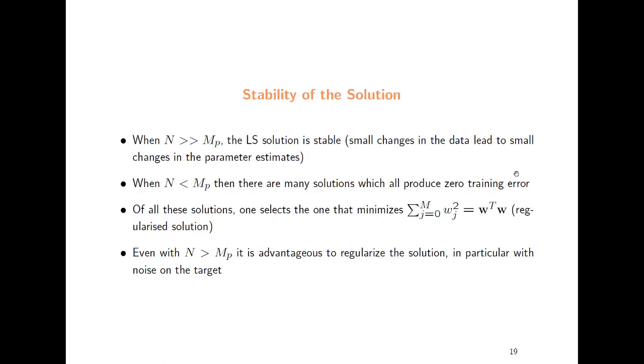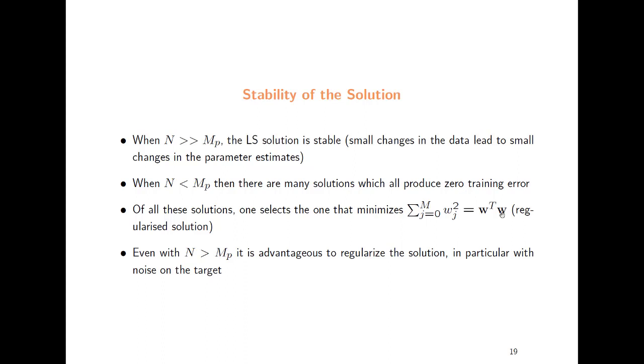What one typically does is one selects the w, the weight vector, which minimizes the sum over the squares of the weights. So if you have many solutions, you can pick any one, and we take the one which is sort of the shortest, because you can think of this as the square of the length of this vector. This is called regularization.